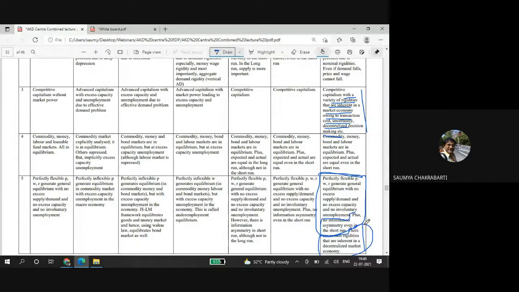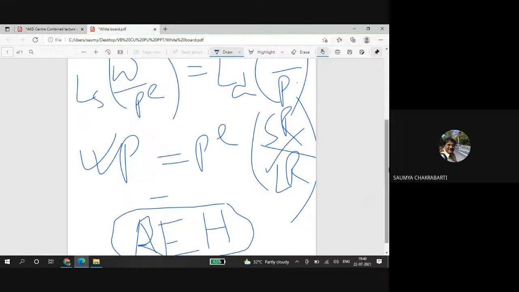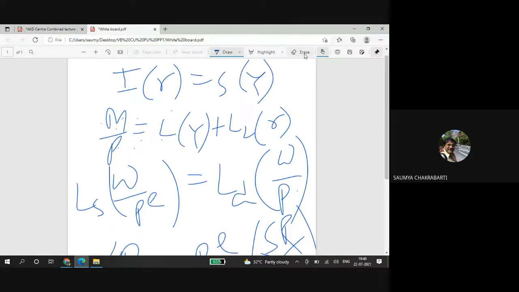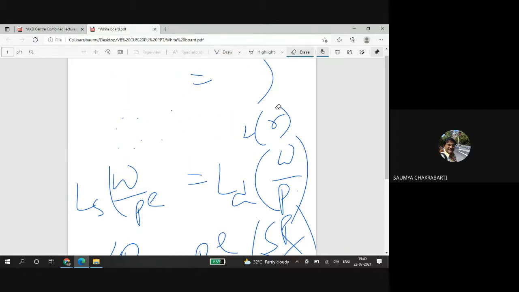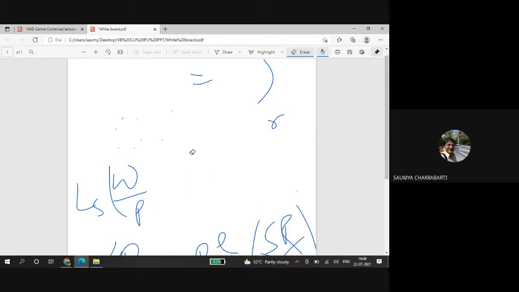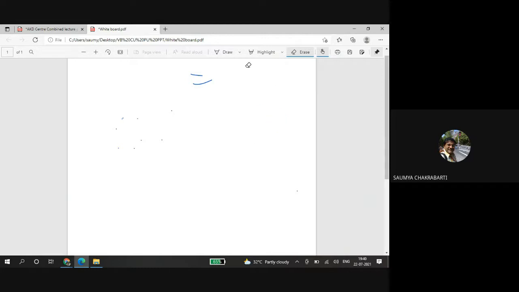Just briefly, heuristically, what we had in the simple Keynesian model and IS-LM, these are price fixed models, price rigidities. Why price rigidity? Because there was excess capacity unemployment.